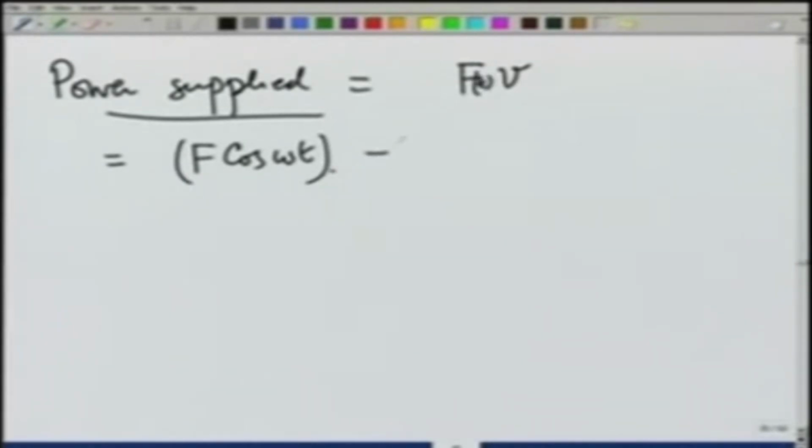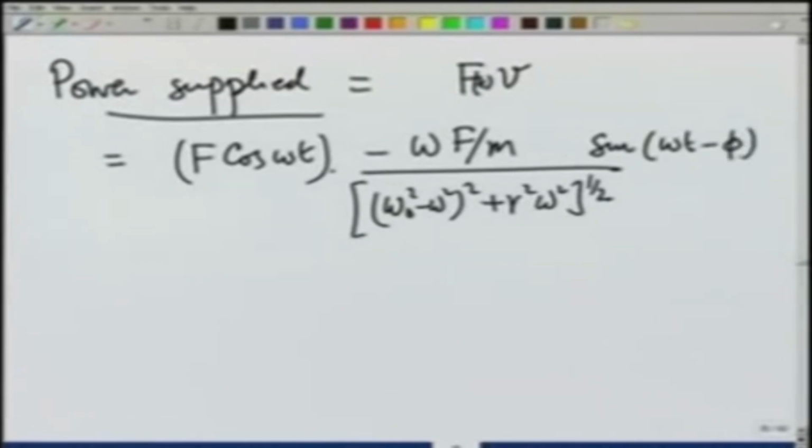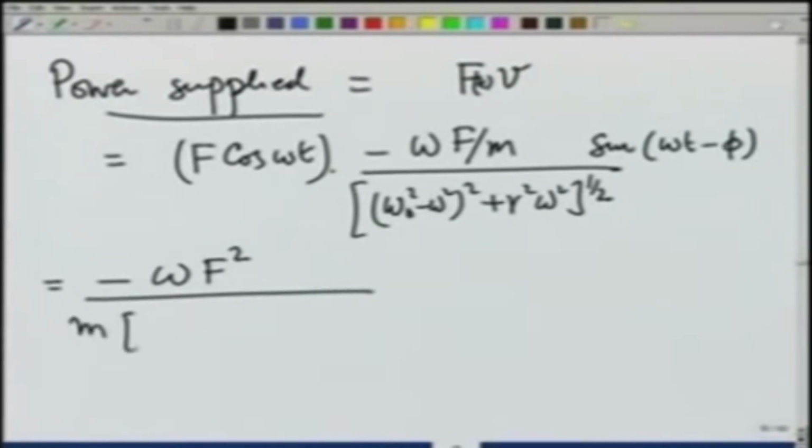Velocity is minus omega f over m divided by omega naught square minus omega square plus gamma square omega square, raised to 1/2, times sine of omega t minus phi, and this can be written as minus omega f square divided by m times omega naught square minus omega square plus gamma square omega square raised to 1/2.